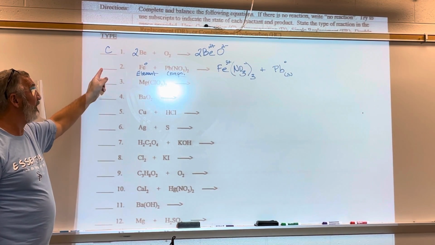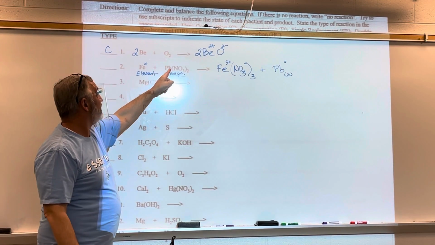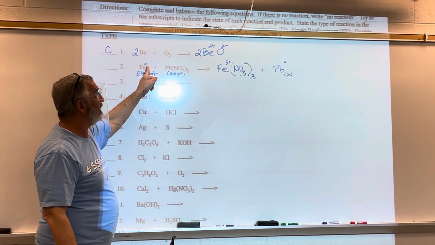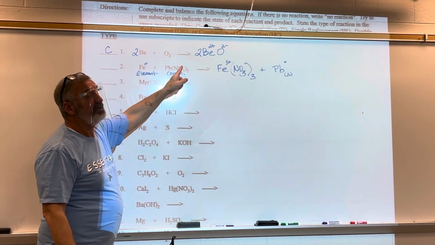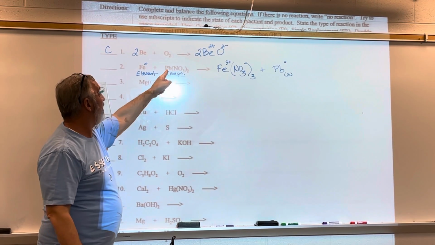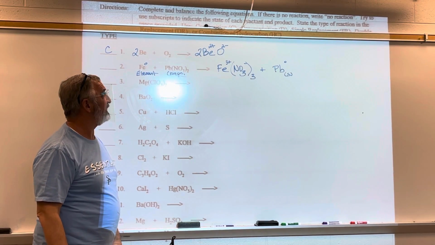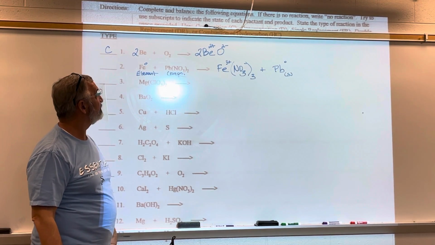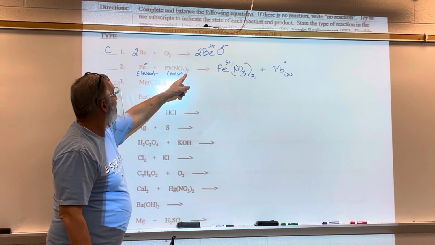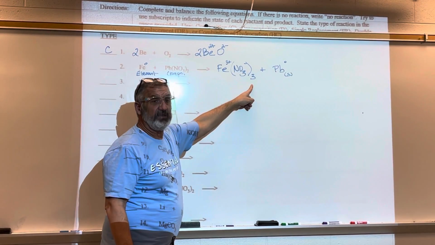When we get to practicing total and net ionic equations, we'll come back and look. The whole reaction really is just lead stealing 2 electrons or 3 electrons from iron and becoming 0, while iron loses the electrons and becomes an ion. Now, is this balanced? I see a 2 and a 3.